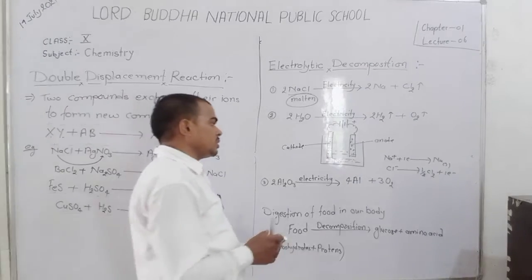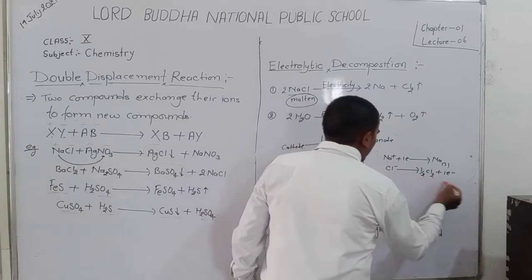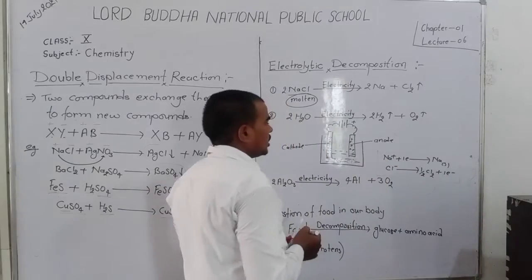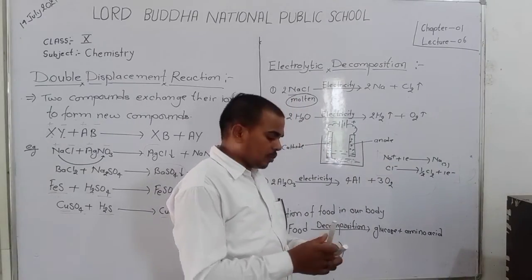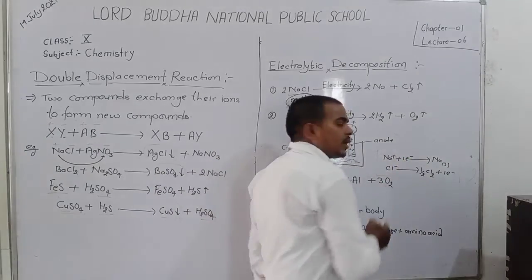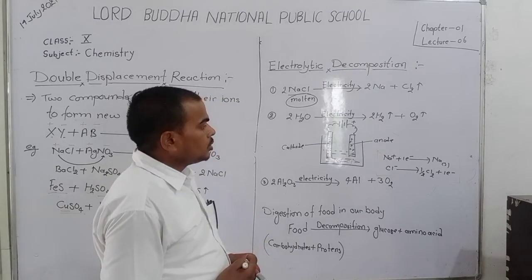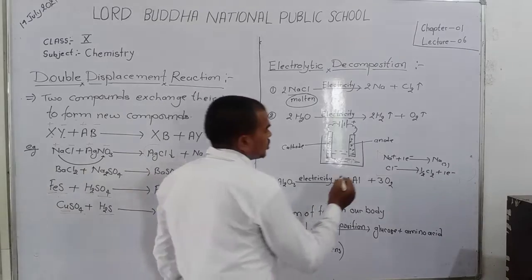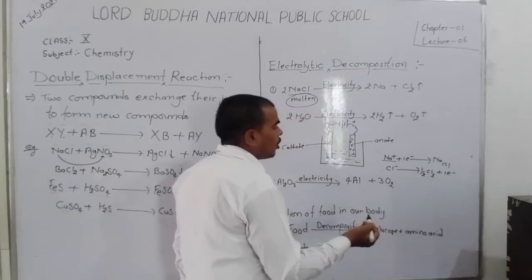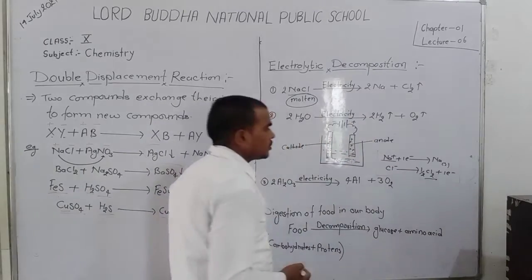Dear student, from this equation you observe that a phenomenon takes place, that is loss of electron and gain of electron. Sodium wants to gain an electron and chlorine wants to lose an electron.